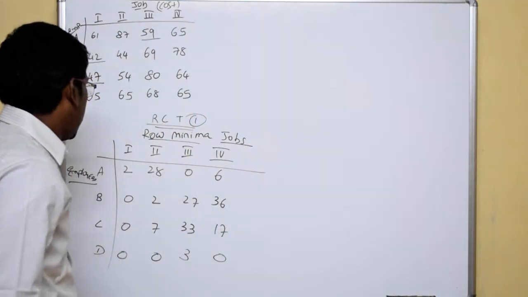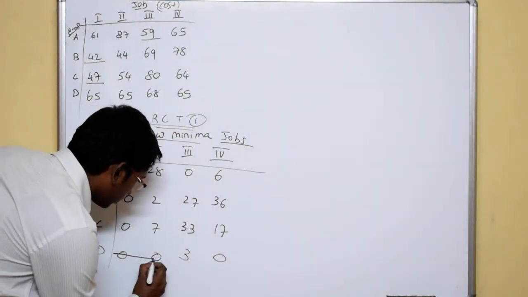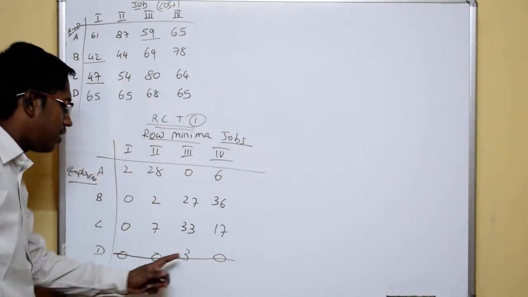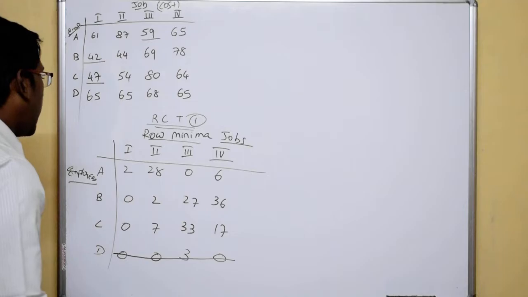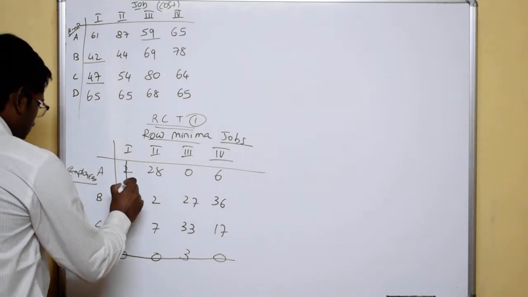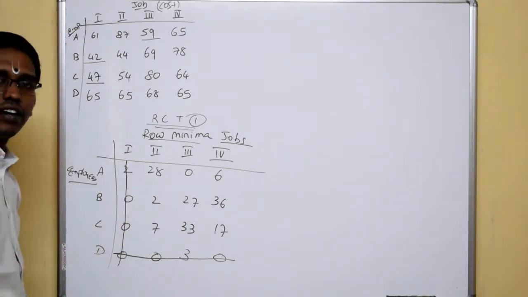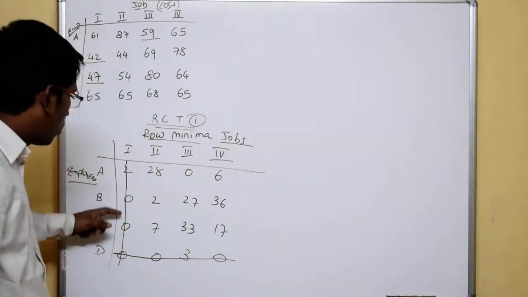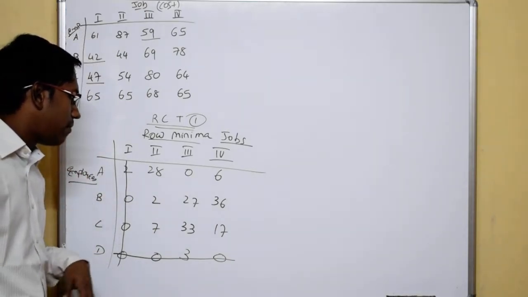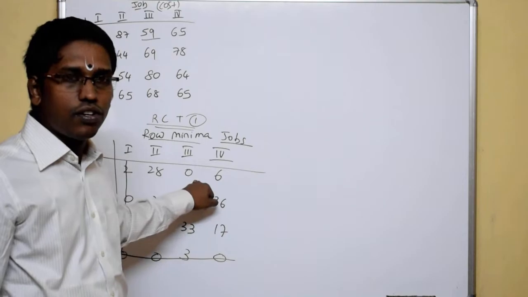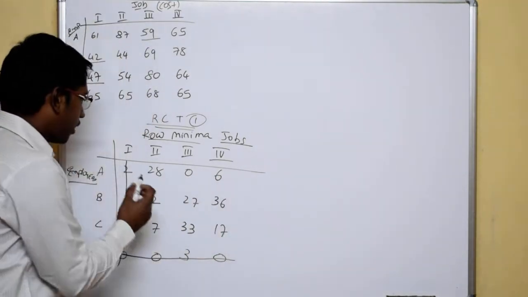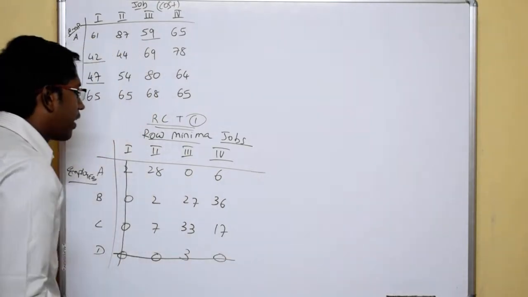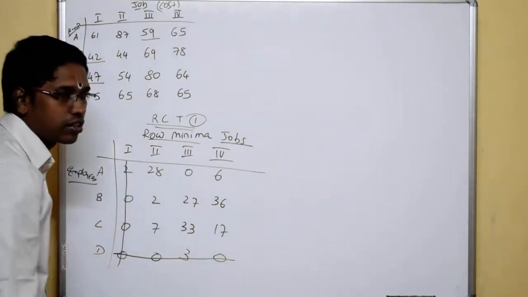Look carefully. If I draw a line like this, with one line I am able to cover 3 zeros, 1, 2, 3. And if I draw a line like this, again with one line I am able to cover 2 zeros. Now I am left with a zero over here. So either I can draw a line covering the first row, or I can draw a line on the third column.